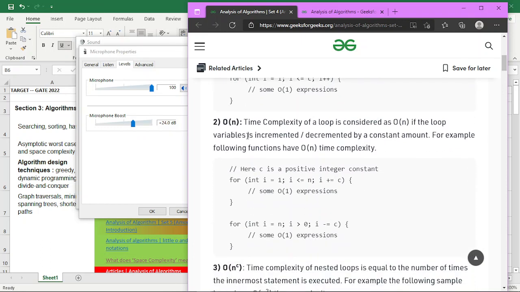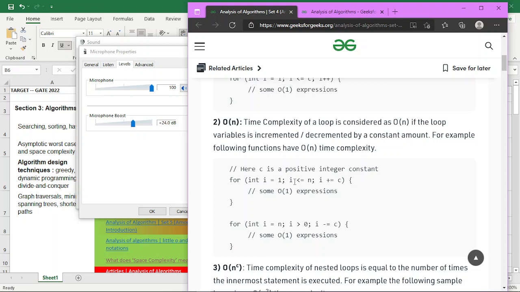So for big O of n, if there are n iterations for every big O of 1 expression, we will be having big O of n.